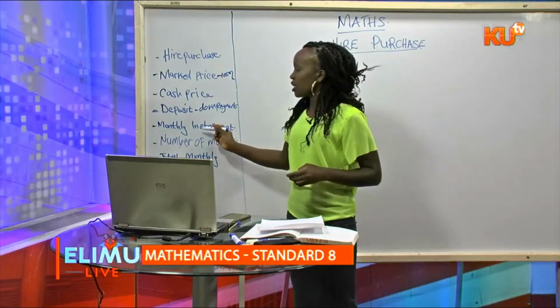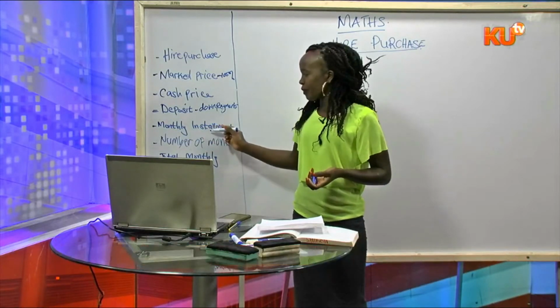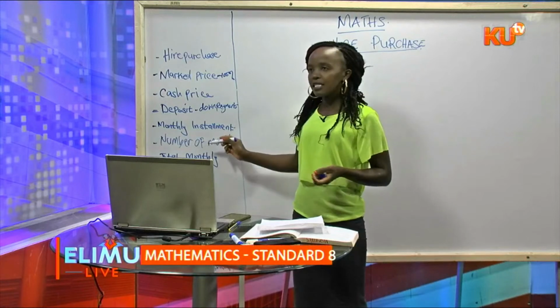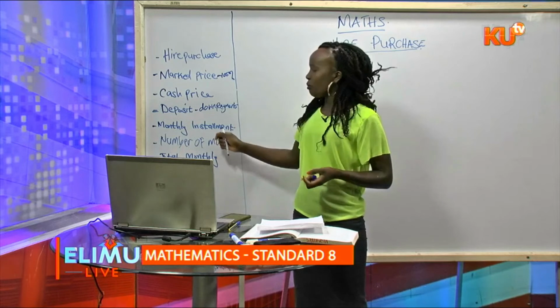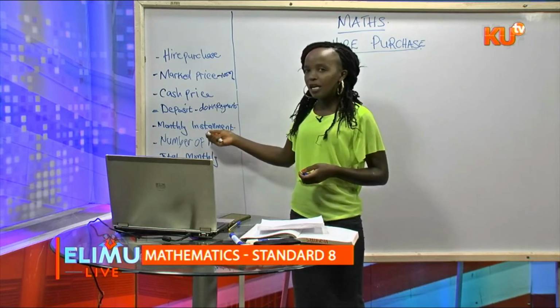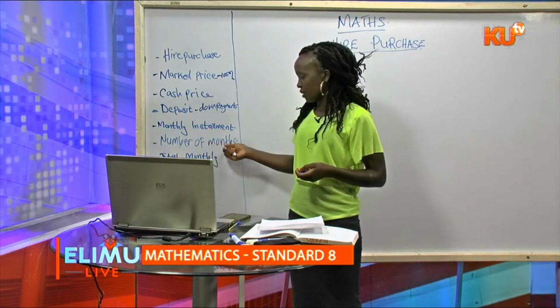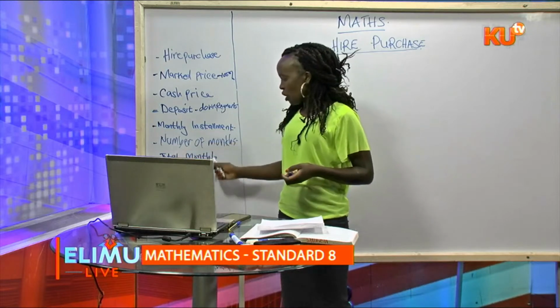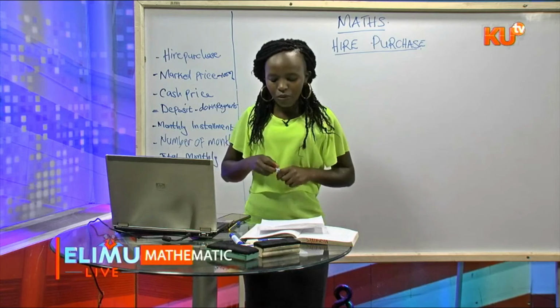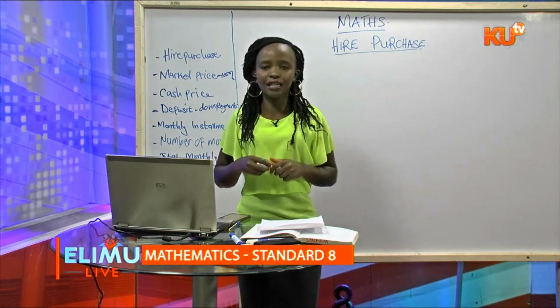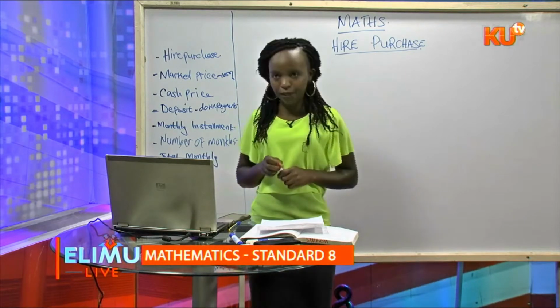Every month there's a certain amount of money that you pay, and then you have the number of months. Let's say maybe from January to September, those are 9 months. The amount of money that you pay per month times the number of months gives us the total monthly installment. So the total monthly installment is the total amount paid by the end of the agreed number of months.